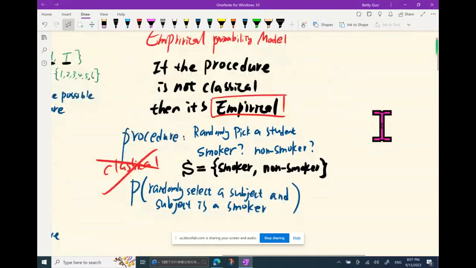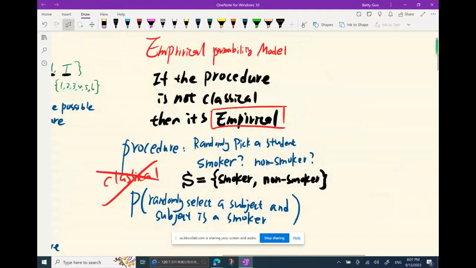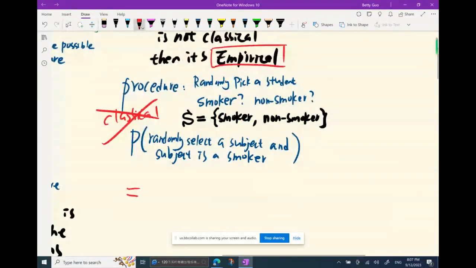So in an empirical model, how do we find the probability? In an empirical model, this is the formula to find the probability: F over N. N here is the sample size.